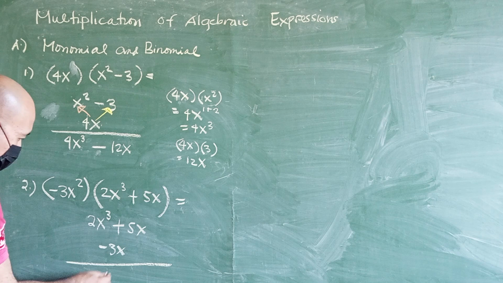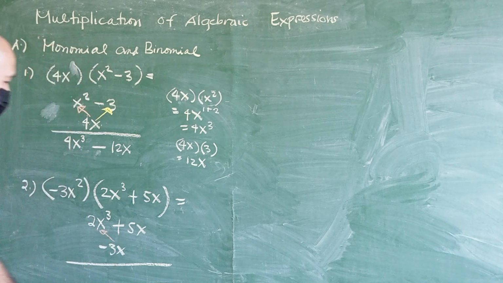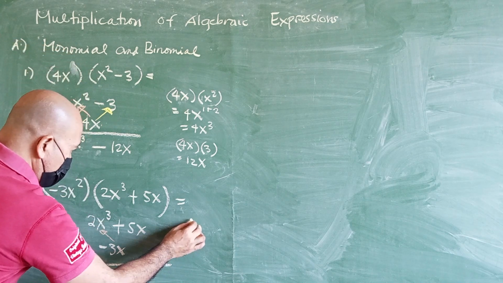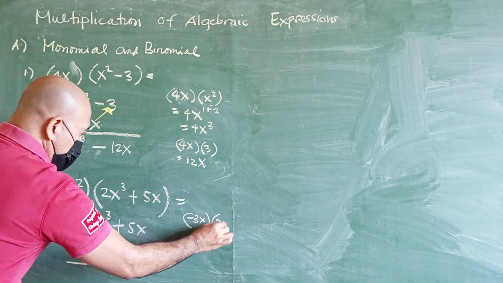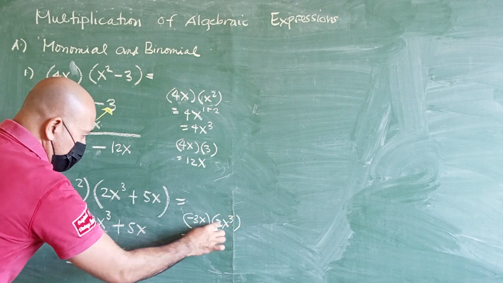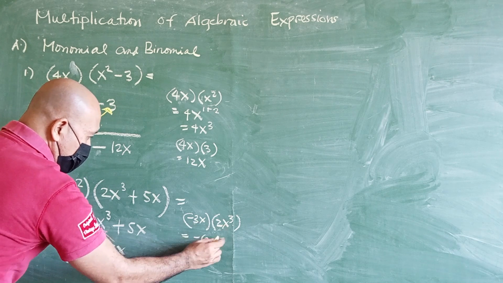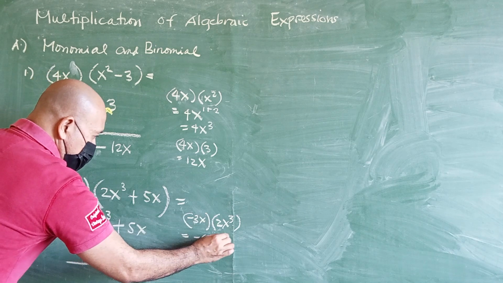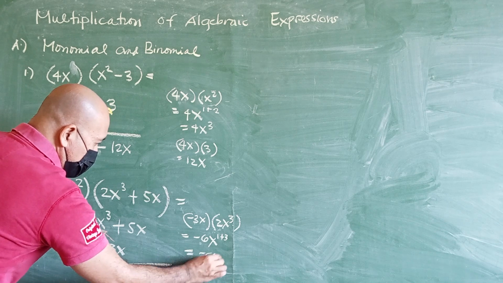First, multiply negative 3x squared to 2x raised to the power of 3. It is just like multiplying negative 3x squared times 2x cubed. Multiply only the numbers: negative 3 times 2 is negative 6. Then copy the common variable x, add the exponents, 2 and 3, and the answer is negative 6x raised to the power of 5.